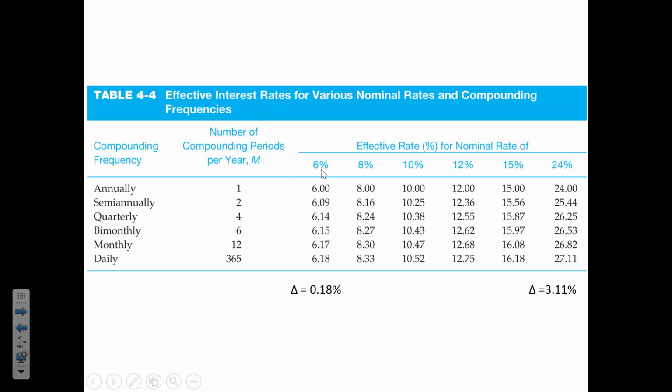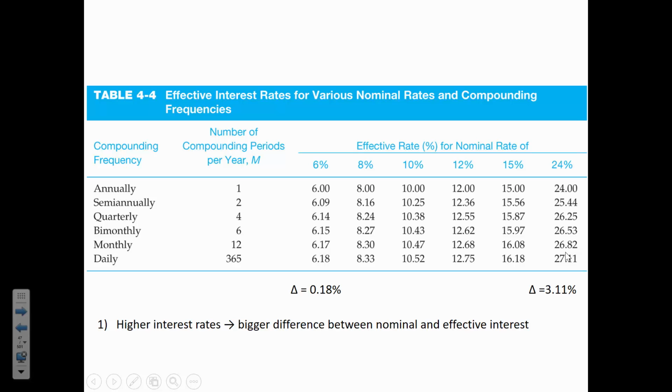I've taken the delta between daily compounding and annual compounding. For 6% interest, the difference between the nominal rate and the maximum effective rate, if you're doing daily compounding, it's not nothing, but 0.18% is a lot smaller than 3.11%, which is the difference between annual compounding and daily compounding for 24%.